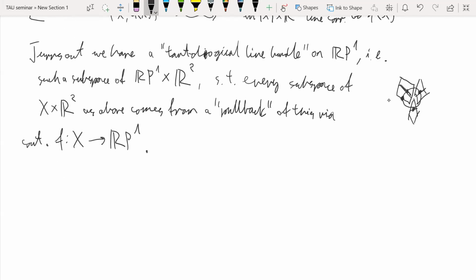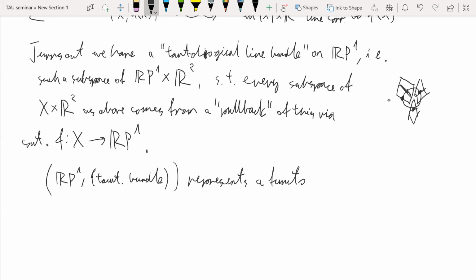If you know some category theory, then I will also throw in a buzzword: this means that RP1 and the tautological bundle, such a pair, represents a certain functor.